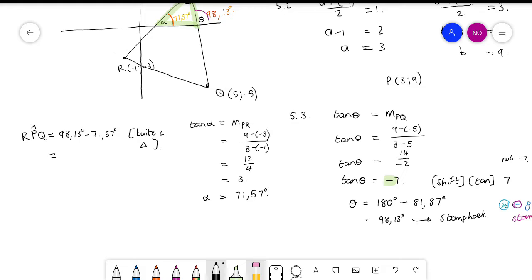And so that angle will be 26,56 degrees.